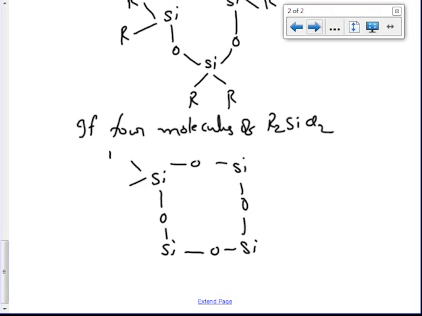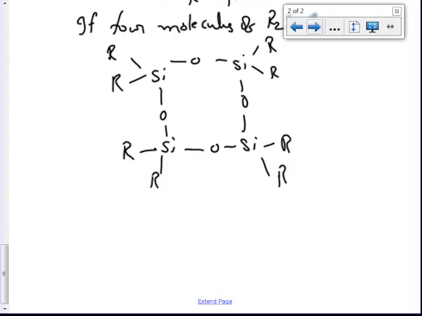Each silicon has 2R. If n number of molecules are combined, as I told you, this can also form a three-dimensional giant molecule, like complex compounds.